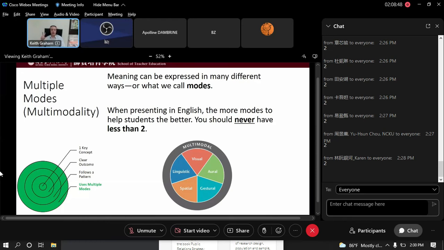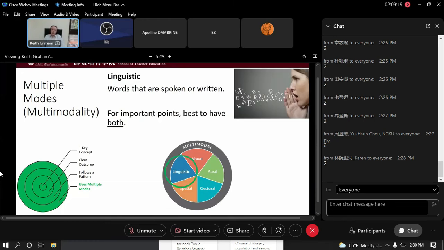So I've always had at least 2 modes. But also, like I'm doing a gesture right now, sometimes I have 3 modes, to even enhance it more. The more modes, the better. And so as you develop your videos or your tutoring sessions, you're going to want to think about how many modes can I bring in to help students understand?